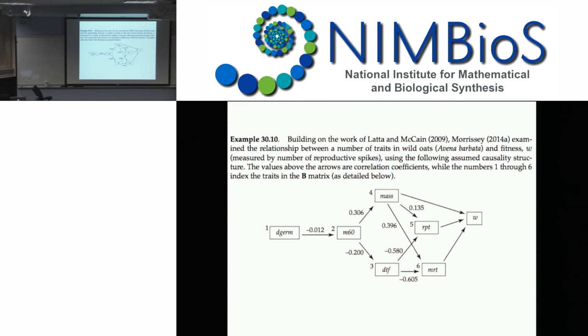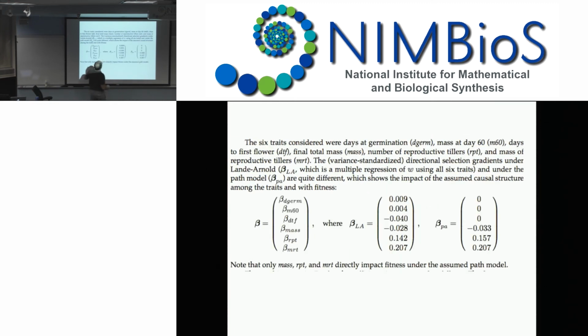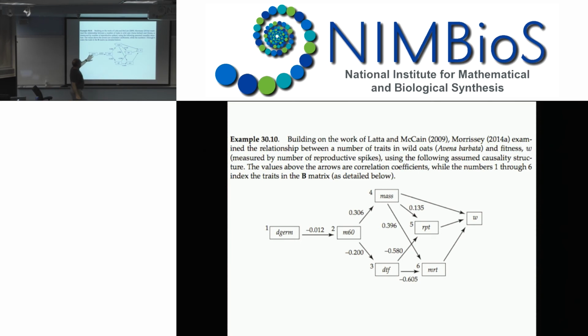So here's an example. This is an example from number of spikelets in wild oats, which is the measure of fitness. And so what I have is date of germination, mass at day 60, days to first flower, total mass, number of reproductive tillers, and mass of reproductive tillers. So date of germination affects mass at day 60.